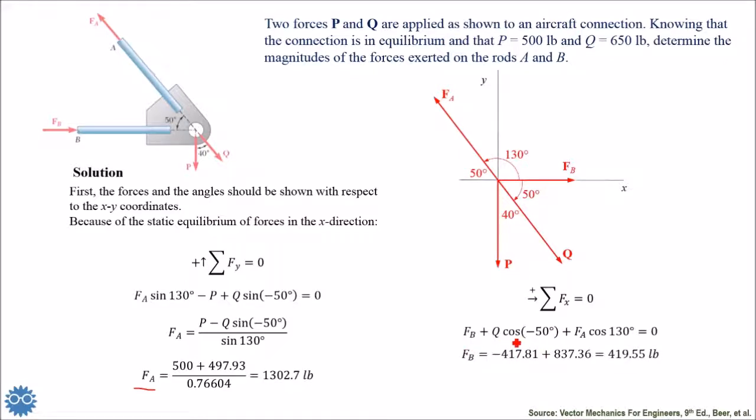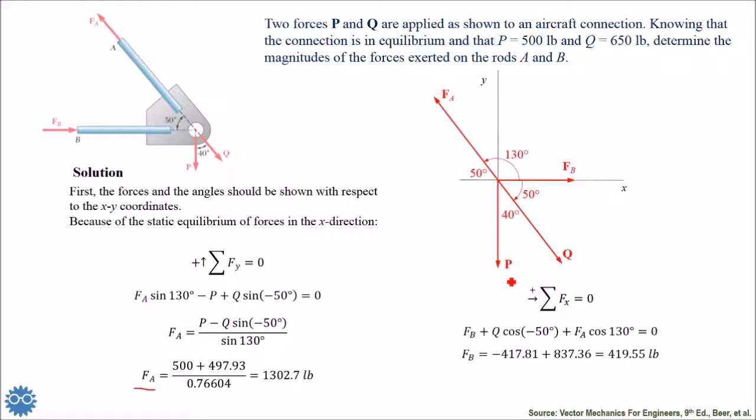So again, in the same way, FA cosine. This time we use cosine because we are analyzing the x direction. So we have component cosine 130, the same angle, no problem. We have cosine minus 50 here. P, here we don't have P because it has no horizontal component at all.